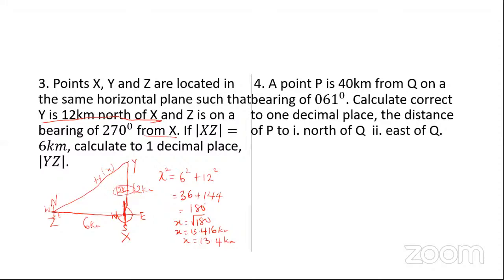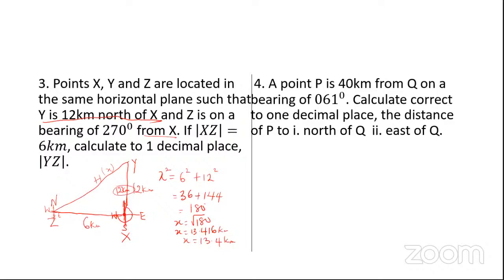Calculate, correct to 1 decimal place, the distance of P: one, north of Q; two, east of Q. You can also try that, but because of time, for what I have here, they want you to calculate, correct to 1 decimal place, the distance of P.